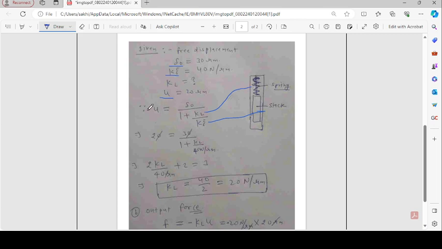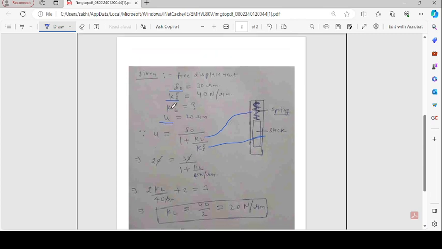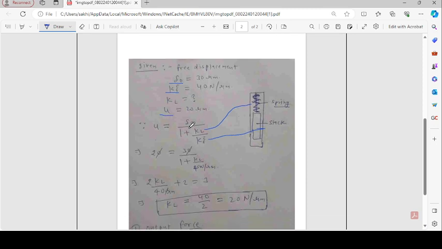So we plug all the values into this formula: u is 20 micron, free displacement delta naught is 30 micron, and k_se, the stiffness of this stack, is 40 Newton per micrometer.